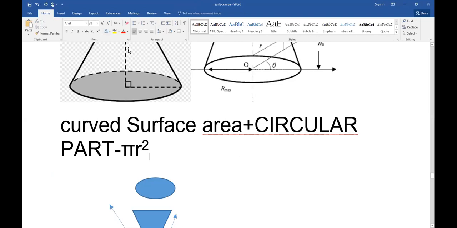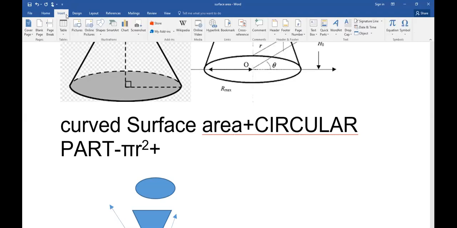So plus, in the curved surface area, we use this formula, pi r l, where l is the slant height. So you use pi, you multiply by radius, you multiply by the slant height.